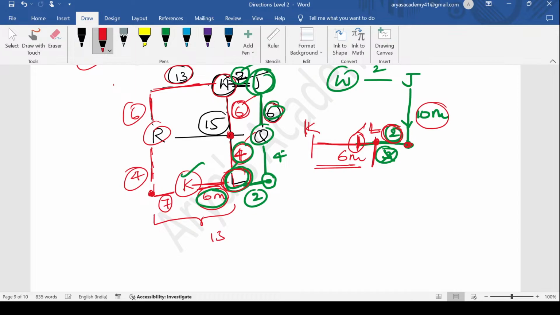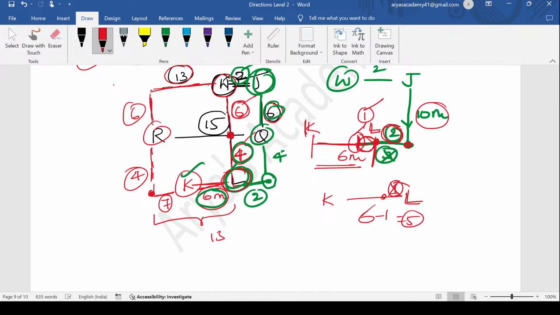This total is how much? 6 meters. But I have covered one extra meter. 2 plus 1 becomes 3. So this particular extra distance that I walked from L towards K is 1 meter. Between K and L, the distance is 6, whereas I have not stopped at L, but I have walked one more additional meter. So I have to subtract this 1 from 6. 6 minus 1 will be 5.